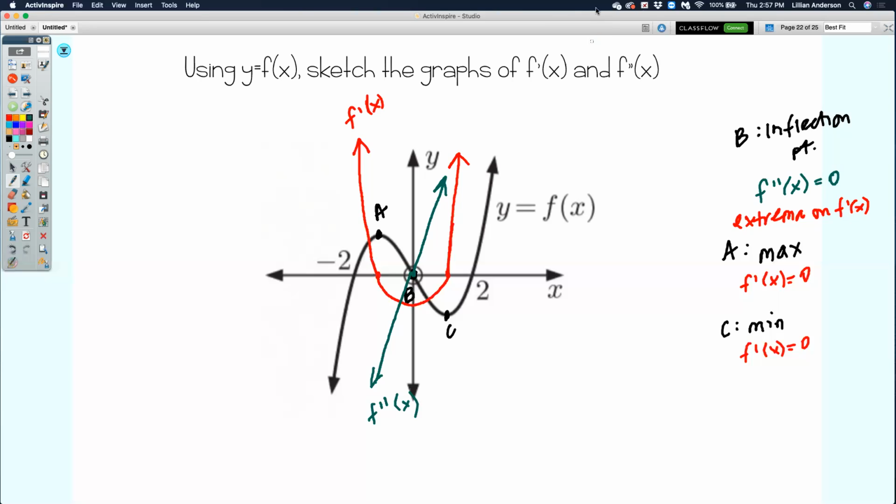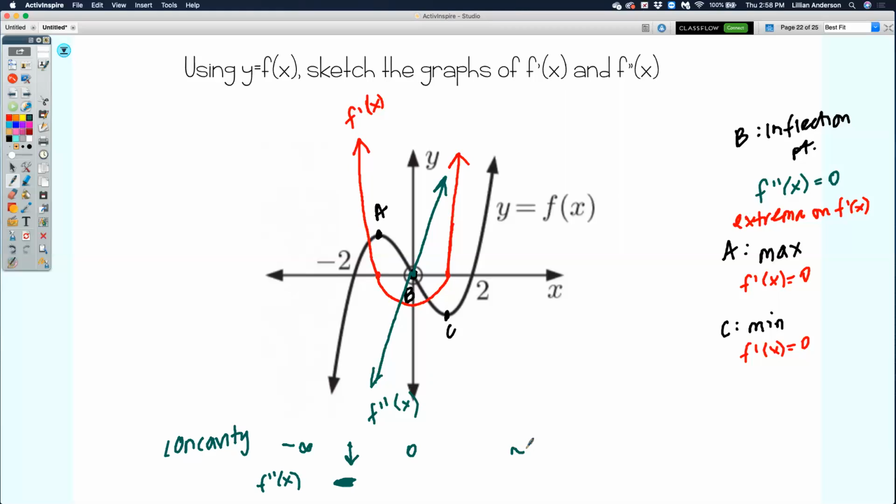Explain the second derivative line again. So remember, second derivative talks about concavity, okay? So if we're able to see that it is concave down from negative infinity until 0, then that means it's going to be negative on our second derivative, or in other words, below the x-axis.